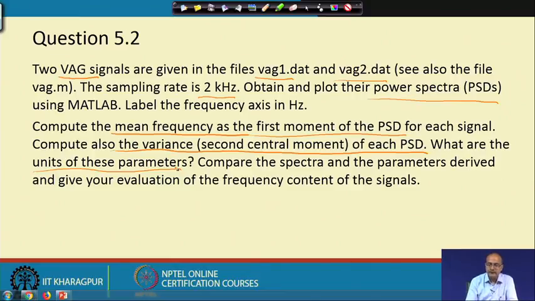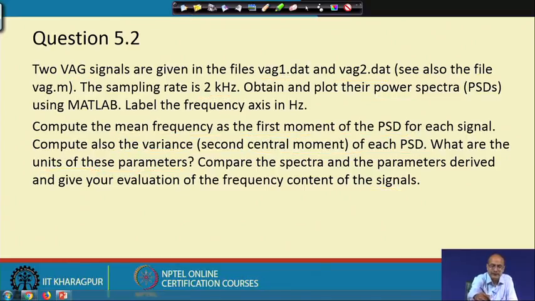And we have to compare the spectra and the parameters derived, and based on that we need to evaluate or compare the two signals.